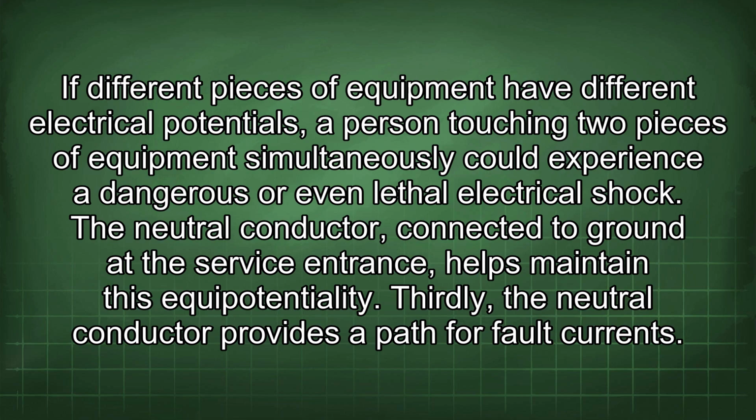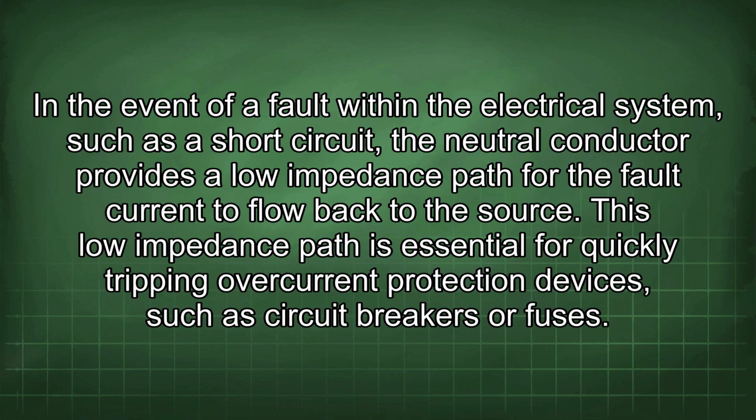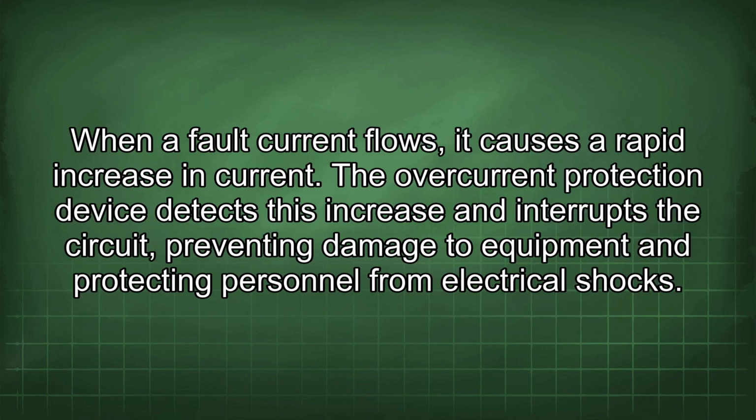Thirdly, the neutral conductor provides a path for fault currents. In the event of a fault within the electrical system, such as a short circuit, the neutral conductor provides a low impedance path for the fault current to flow back to the source. This low impedance path is essential for quickly tripping overcurrent protection devices, such as circuit breakers or fuses. When a fault current flows, it causes a rapid increase in current.